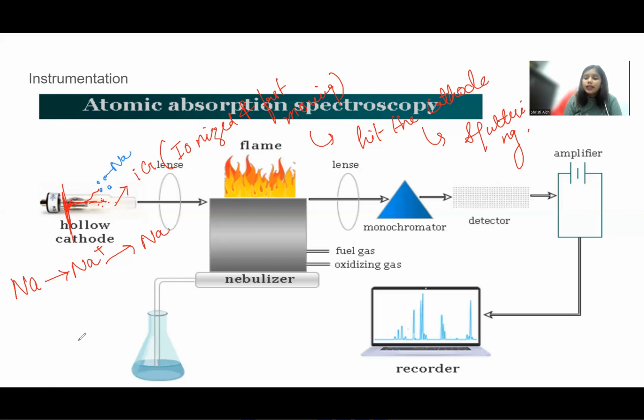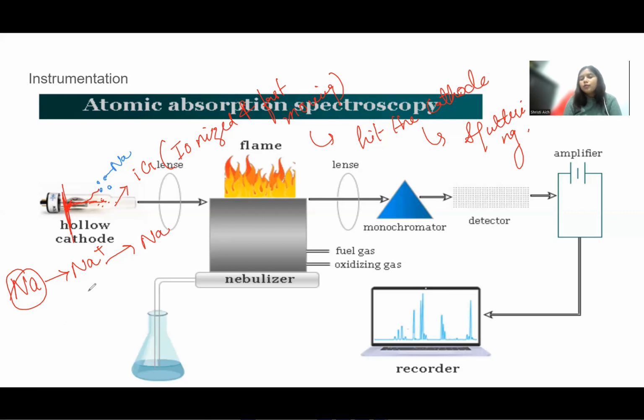It will release a certain wavelength, and this wavelength is going to be characteristic of sodium. You remember the photoelectric effect? Different concepts you studied in 12th class. So the sodium is going to release energy, and this energy will be characteristic of that particular atom.